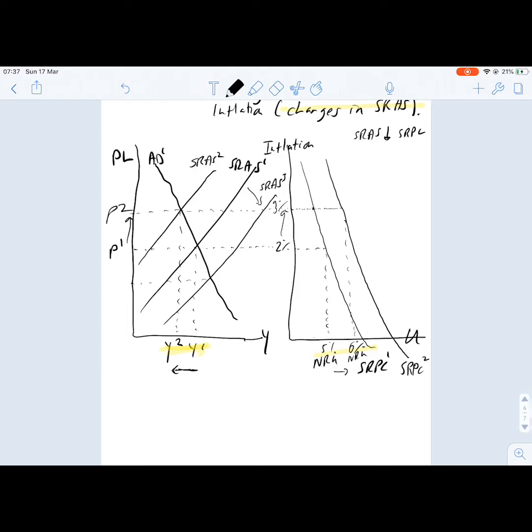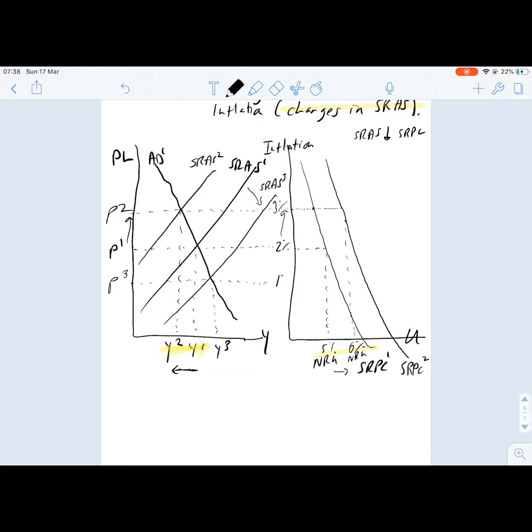As a result, price levels will go down because it's cheaper for firms to produce products. But as it's cheaper to produce products, it also means that firms are more willing and able to produce products, and therefore we need more people to do that.